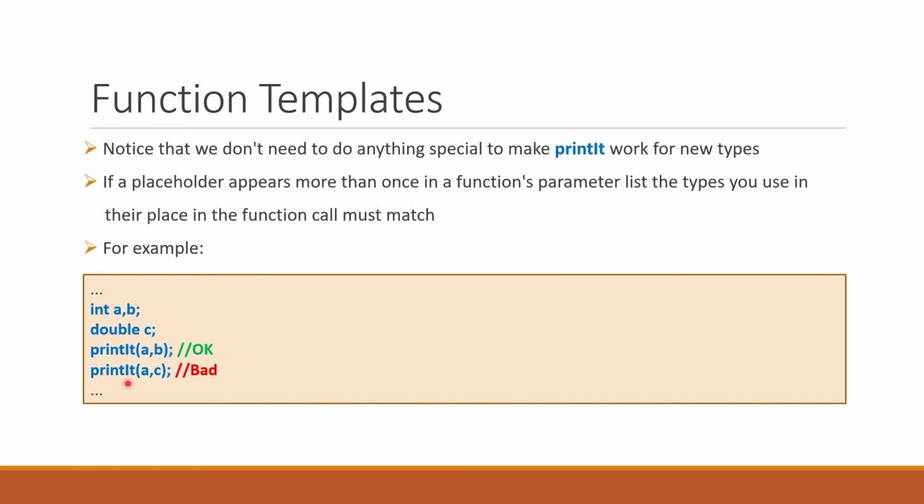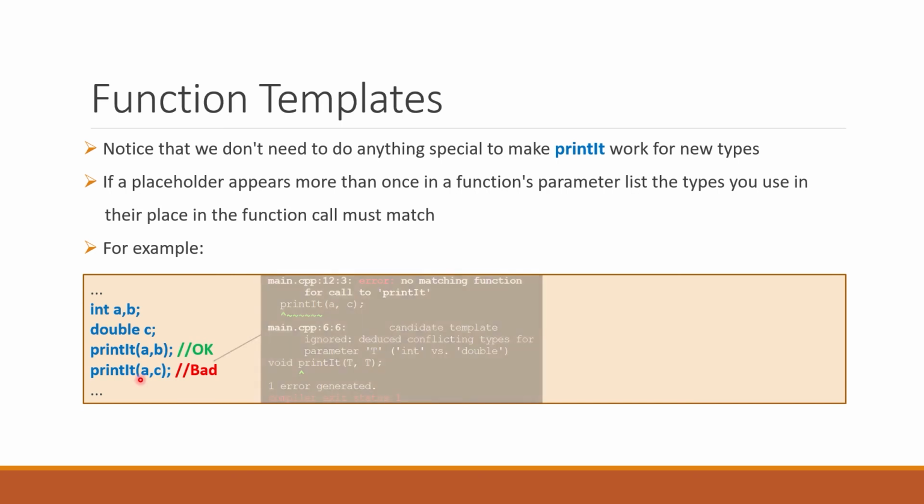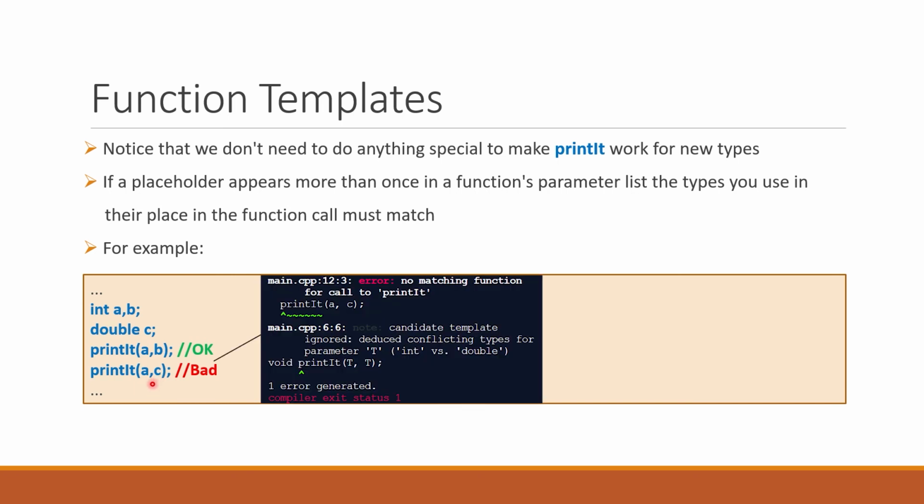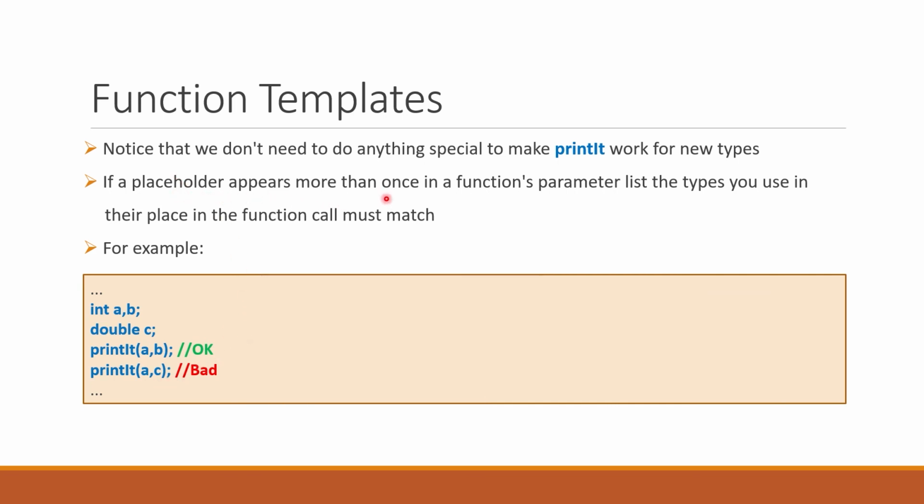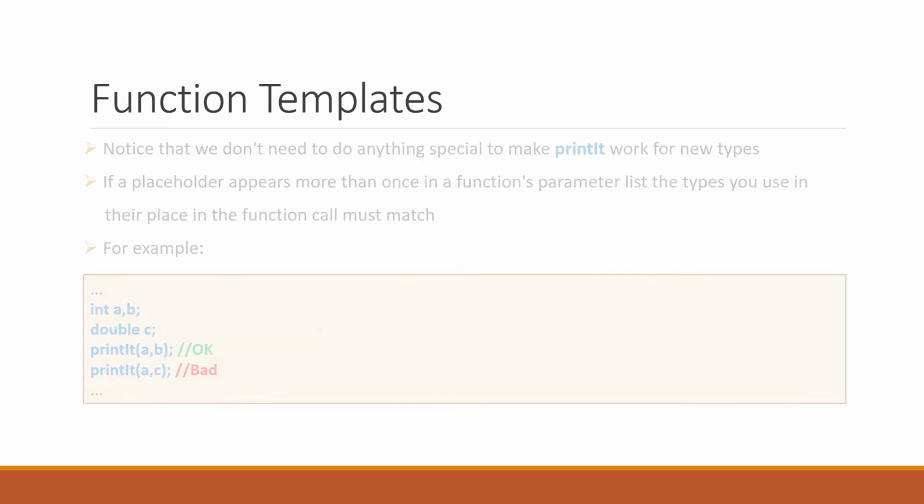If I try to call printIt and it's expecting the same type coming in, I cannot pass it an integer and a double because those data types do not match and the compiler will complain. So you want to be very careful that if a placeholder appears more than once in a function's parameter list, the types you use in their place must match.